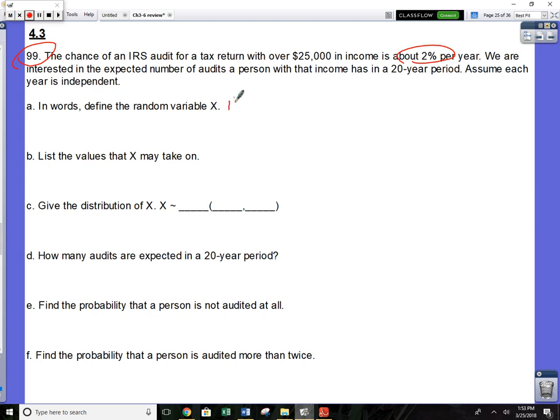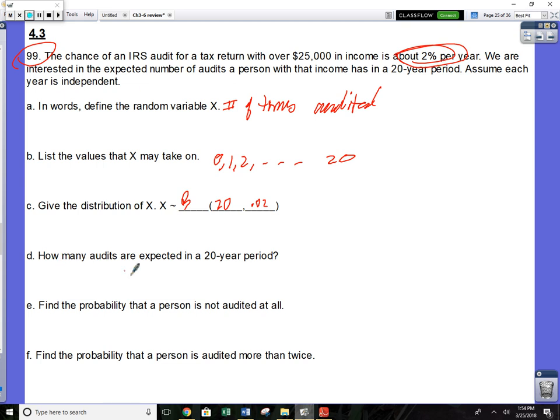X is going to be the number of times audited. So x can be hopefully 0. You could be audited every single year, so x could be 20. So the distribution is going to look like this. X is a random variable with a binomial distribution. The parameters are 20, and I guess we'll call it a success if you're audited. So a 2% success rate.